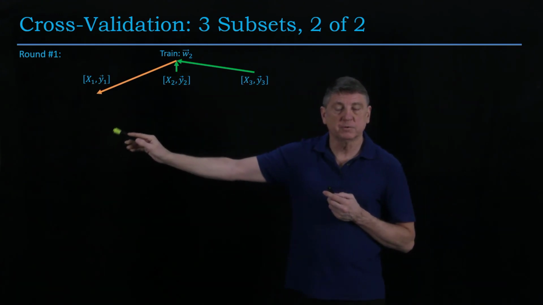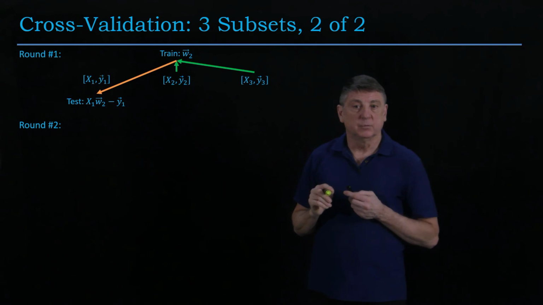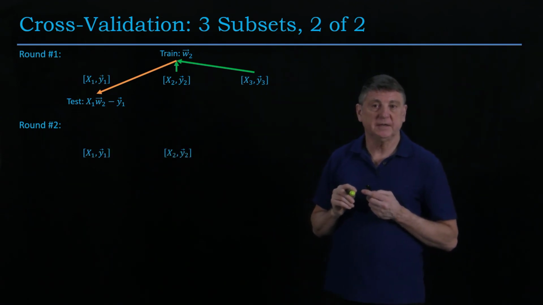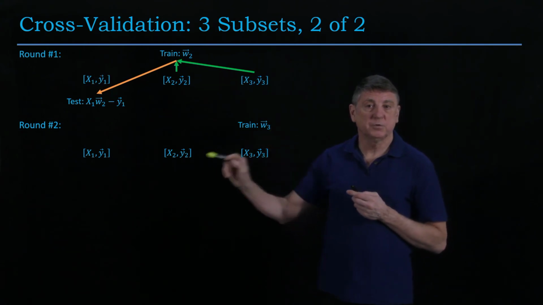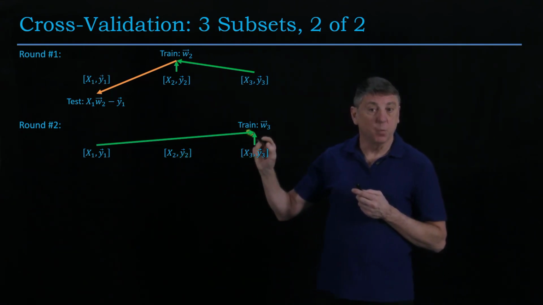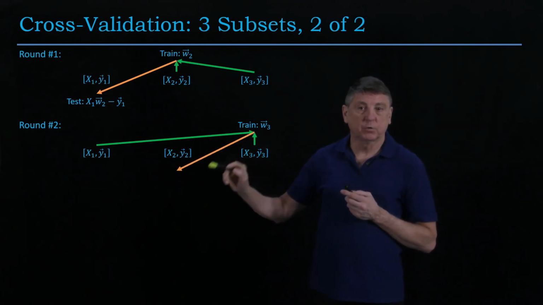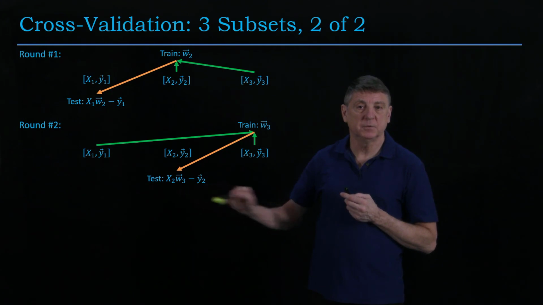Then we cross over and test it on number 1. In round 2, we take our three folds of data, and now we want to train model number 3. So we combine the data from 3 and the data from 1, and then we cross over and calculate the test on number 2.